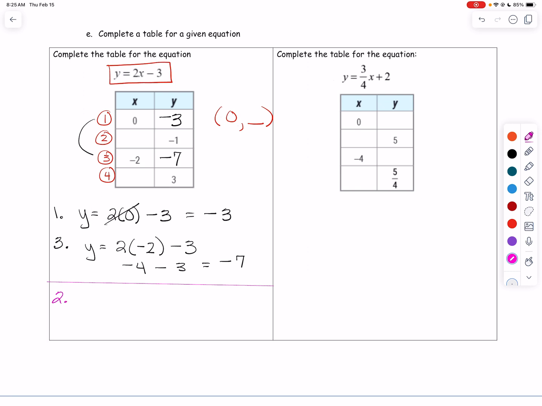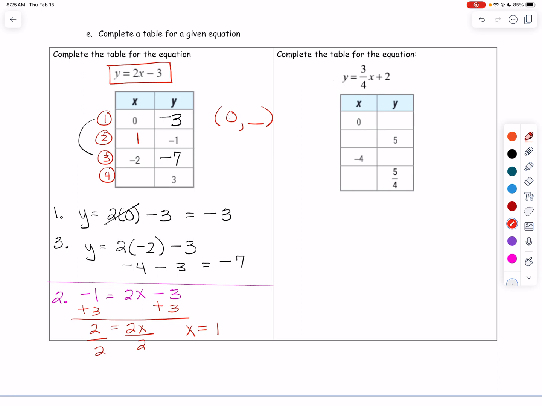So number 2, I'm given my y value of negative 1, and I'm looking at 2 times x minus 3. And I solve by adding 3. And so that gives me 2 is equal to 2x, and I divide by 2, and so x is 1.